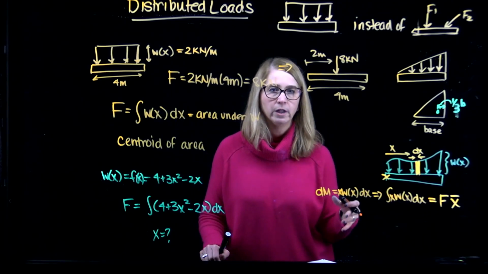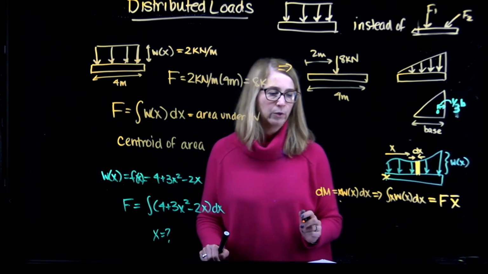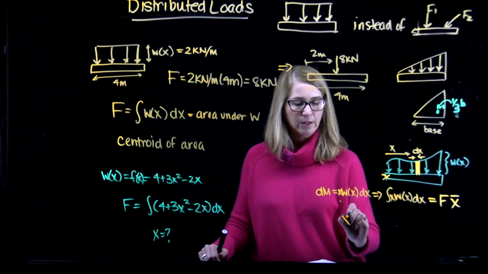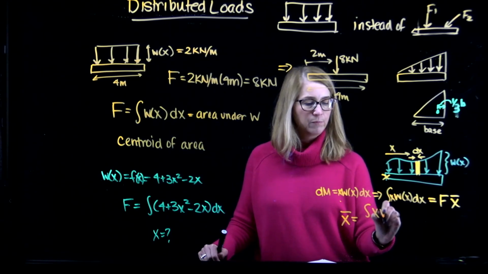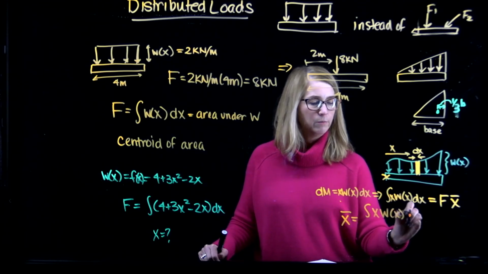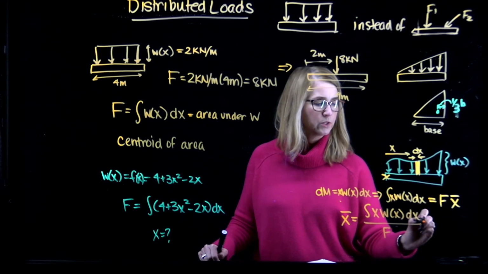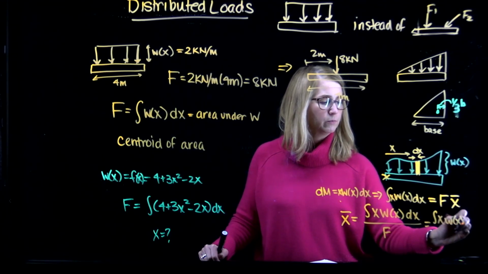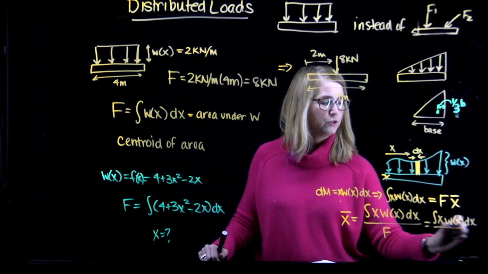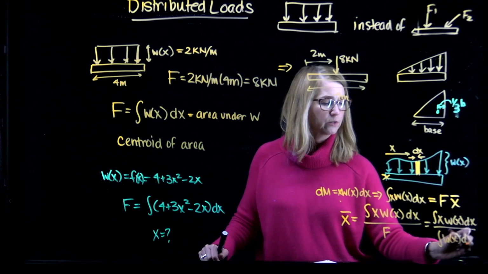It's the integral of the distributed load over x. And I want to put it at the right location. So x bar, where I want to put it, is the total moment, which is this integral, over the total force. And the total force, of course, is just that integral of w of x dx.